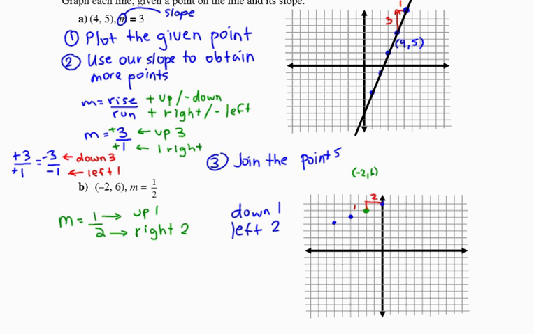Down 1, left 2, down 1, left 2, down 1, left 2. And then just grab our ruler and we connect them. And there's our line. Pretty easy. So we'll be doing a lot of drawing lines this unit. Exciting.